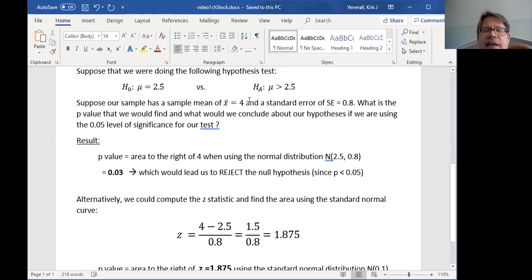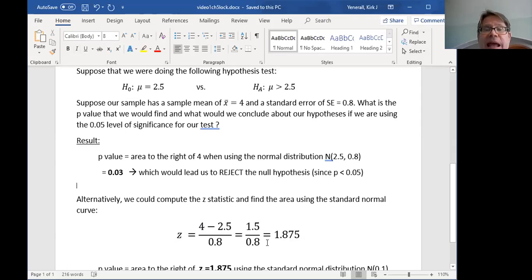Well, our statistic here was 4, and the value of the null parameter was 2.5. So in the numerator, I have 4 minus 2.5, which is 1.5. That needs to be divided by the standard error, the standard deviation of the sample mean.